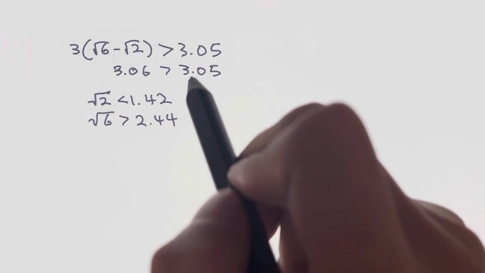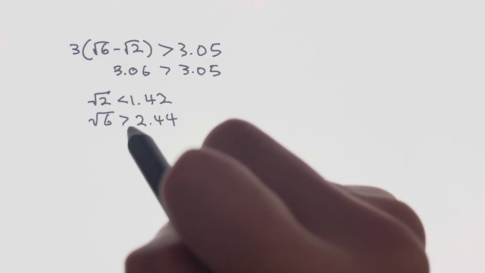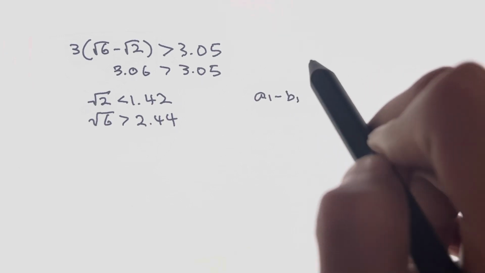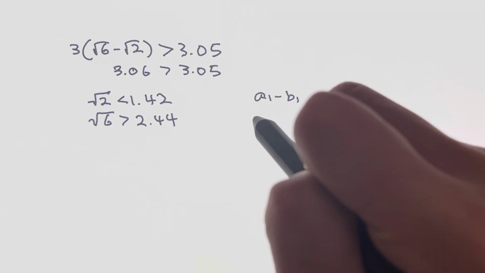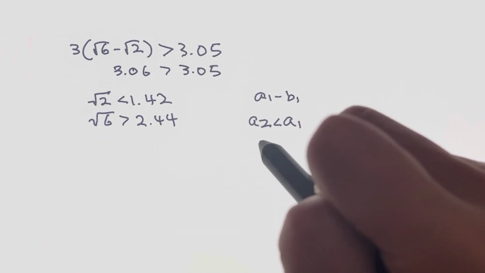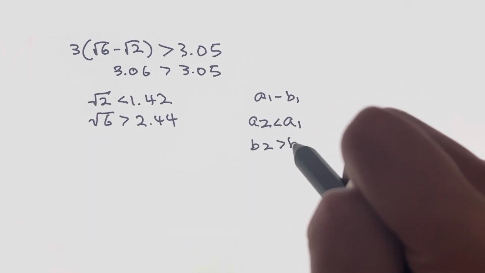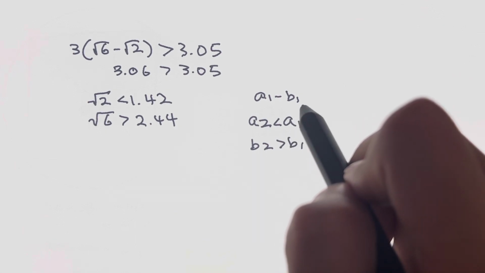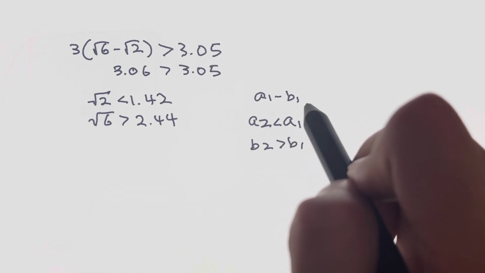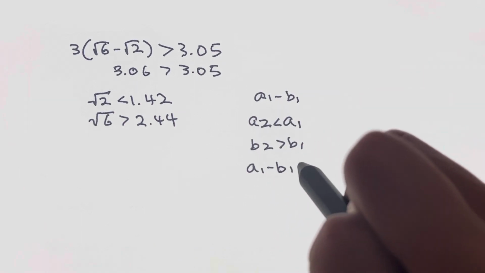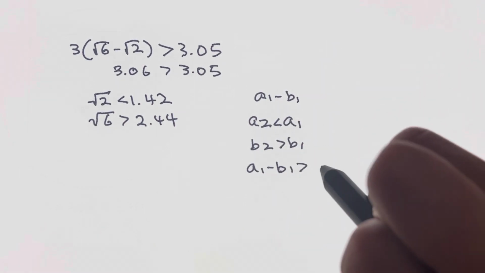So if you have a general case, for example, A1 minus B1, if there exist A2 less than A1 and B2 greater than B1, then obviously the difference A2 minus B2 is going to be smaller than A1 minus B1.